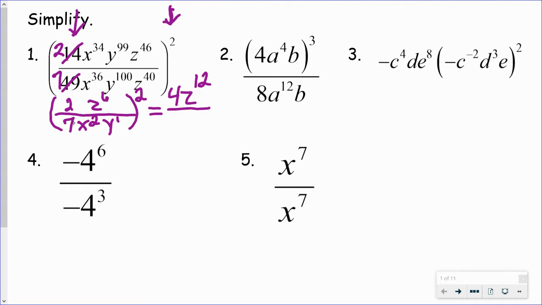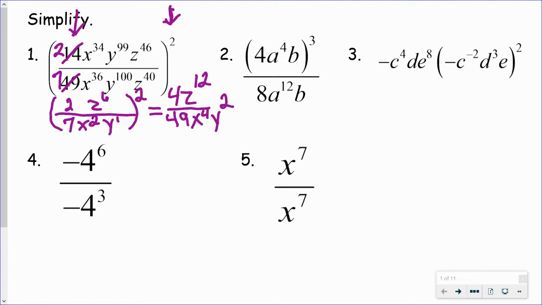Now it also goes to the bottom or denominator of the fraction, 7 to the power of 2, or 7 squared, is 49. Okay, x squared to the power of 2 becomes x to the power of 4, and y to the power of 1. Now, again, this 2 here gets distributed, becomes y squared.